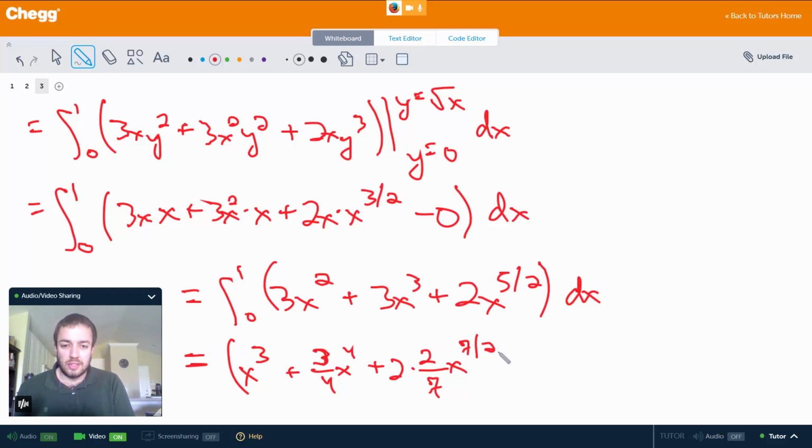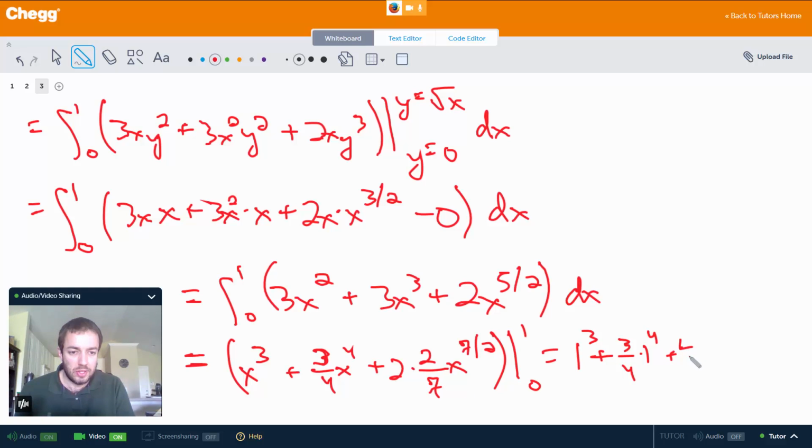And all of that is going to be evaluated from 0 to 1. Okay? And luckily, this actually isn't too bad. So if we evaluate at x equals 1, we're just going to get 1 cubed, and then plus 3/4 times 1 to the 4th, which is just 1. And then we have plus 2 times 2/7 is 4/7, so I'll write that. And then we're multiplying by 1 to the 7/2.